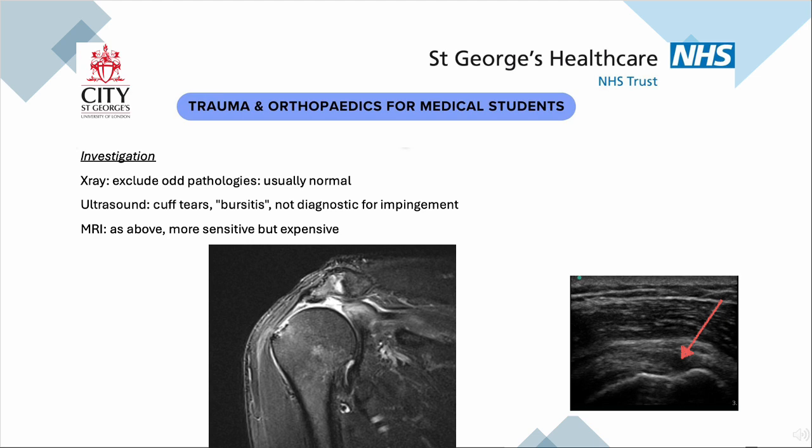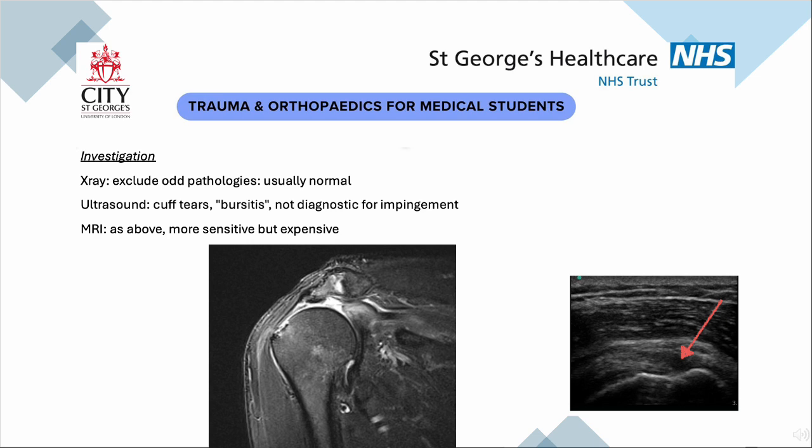Investigation takes the form of an X-ray, just to exclude any unusual pathologies, and also things like calcific tendinitis, which we've not really mentioned. An ultrasound is a very useful way of picking up rotator cuff tears and bursitis. However, it's very operator dependent, and it's not diagnostic for a condition called impingement.